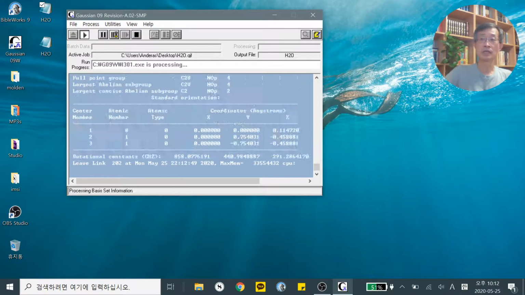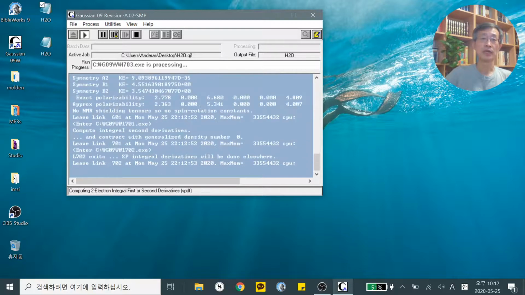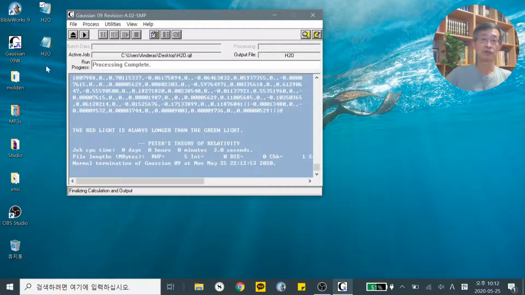It runs, and that run is shown here, and it is also echoed into this h2.out file. And then it has the normal termination of Gaussian 09 on May 29, today's date, and this is the hour. Yeah, it's not that late.